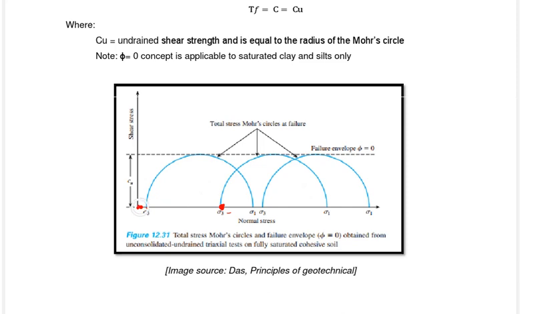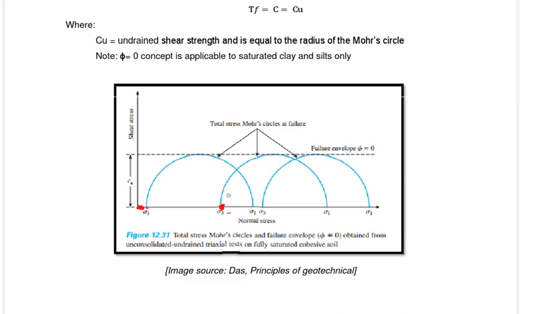So first, our initial stress is 0 since no stress on the specimen. And then, as we apply cell pressure, we will have sigma 3, our confining pressure. However, our Mohr circle moves to the right along the sigma axis as the cell pressure increases.